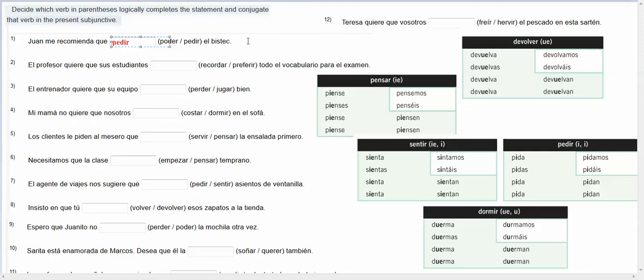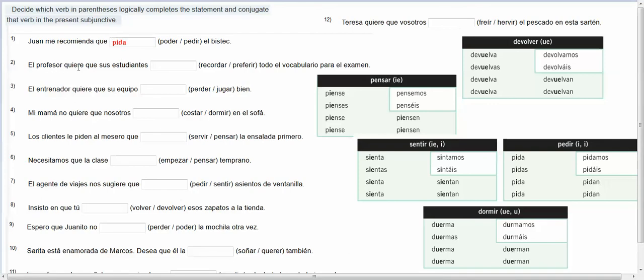Okay, so pedir is lucky because it's an E to I stem changer. If you look over here, it's an E to I stem changer for both the preterite and the present tense. So what I'm going to do is get rid of my ending. I am going to change my E to an I because it's a stem changer. It's an IR verb, so I'm going to add an A here.